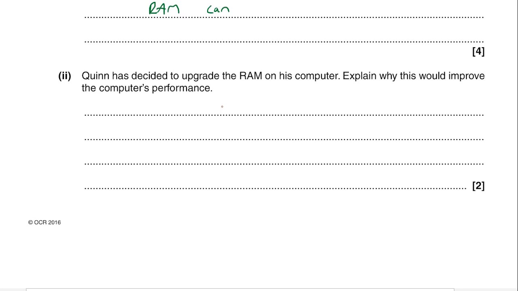So it goes back to what RAM does, which is to store the currently open application data. And so having more capacity for this means you can store more instructions in RAM. RAM is used because it's a lot faster than other memory types like a hard disk, so you don't have to use the hard disk, which is slower.